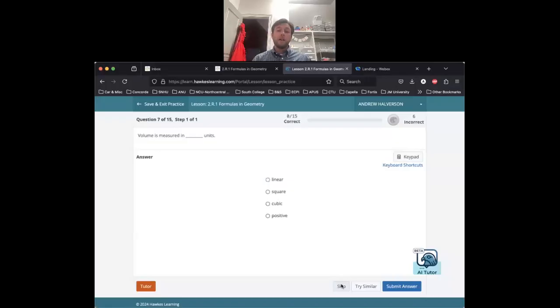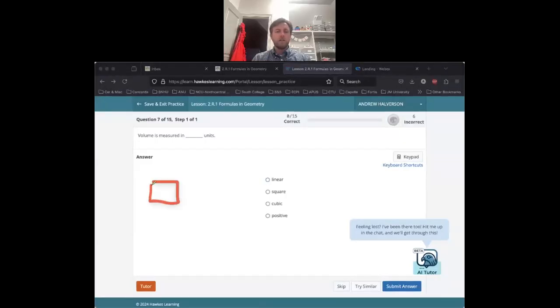Area has two dimensions, length and width, so that would be a square or a rectangle. Volume is a three-dimensional measurement, length, width, and height, and that makes a cube. That's how we get all this stuff: a square, square units, and then a cube, cube units.